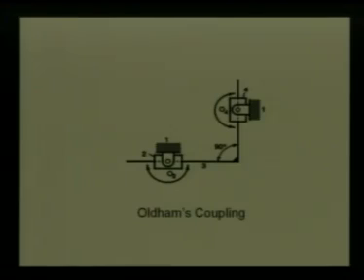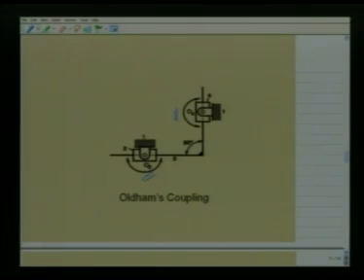Let us now consider another kinematic inversion of the same RRPP chain. As shown in this mechanism, the link which has revolute pair at both its ends, that is at O2 and O4, is held fixed. Now link 3 has a prismatic pair in the horizontal direction with link 2 and a prismatic pair in the vertical direction with link 4.